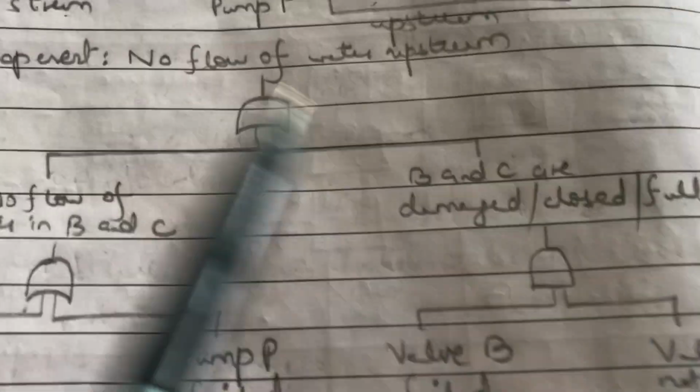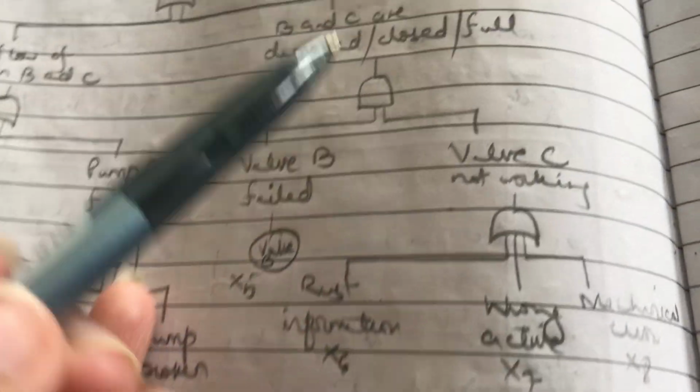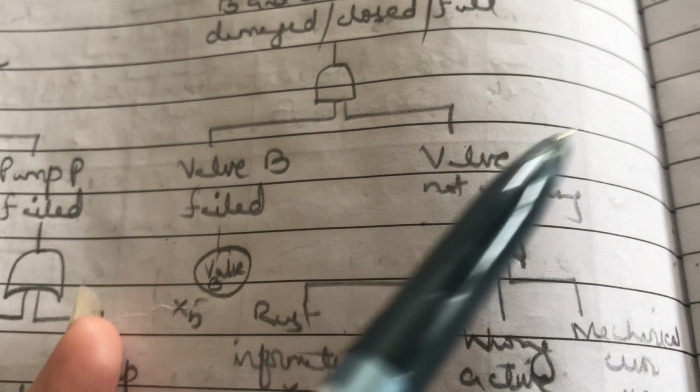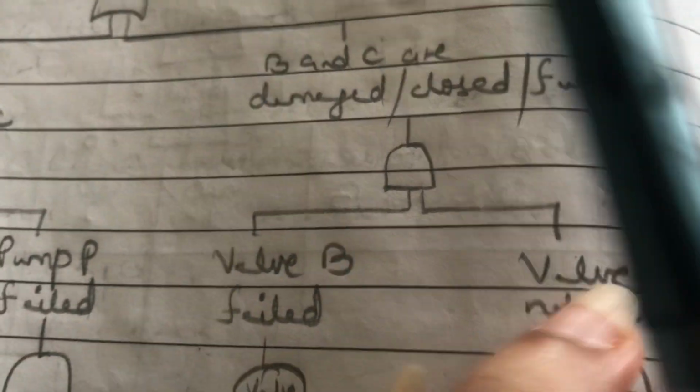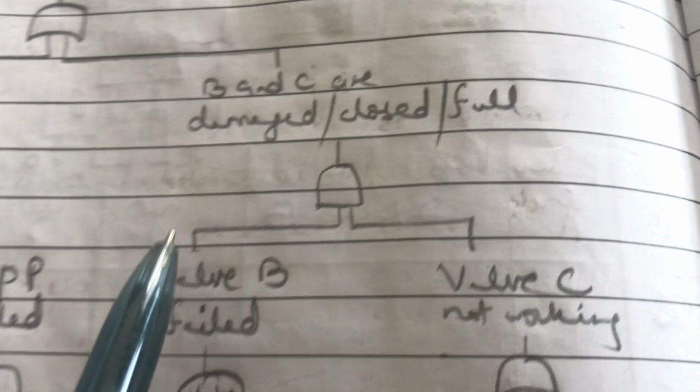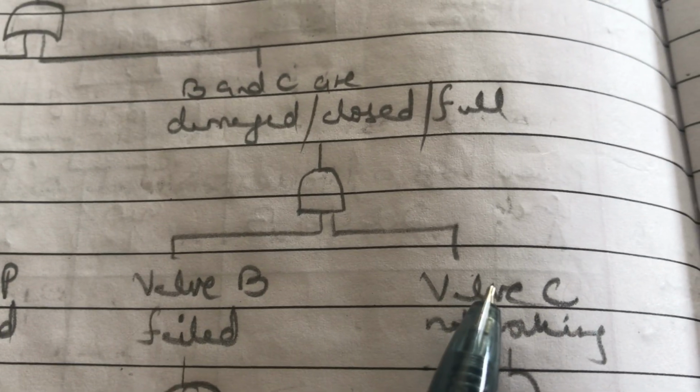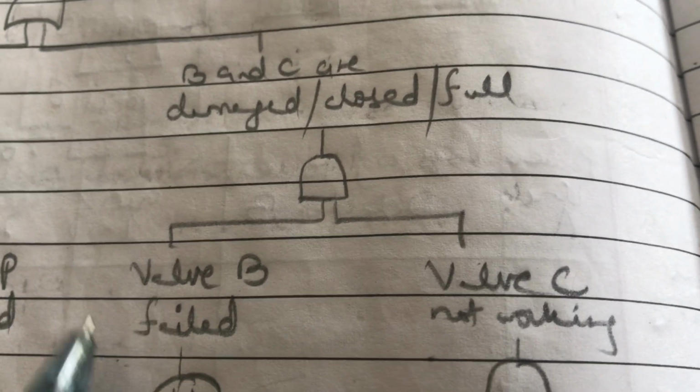And same here, you see why we represent valve B and C in this form, because either this is working or this is not working, this working is enough.